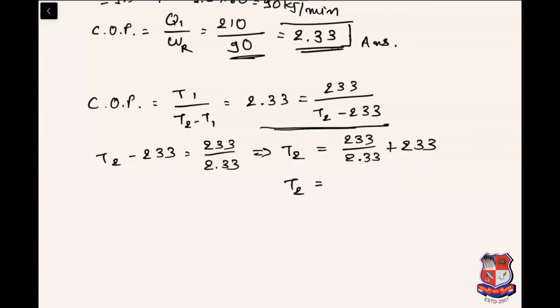So T2 will be equal to 333 Kelvin, and if we convert it into Celsius, then it will be equal to 60 degree Celsius, that is minus 273. So this will be our second answer.